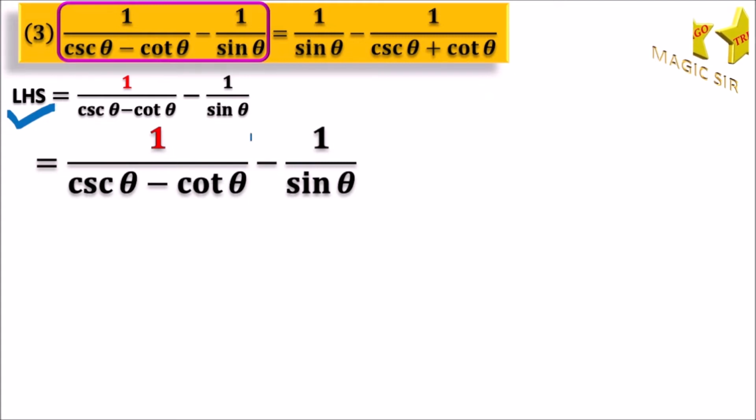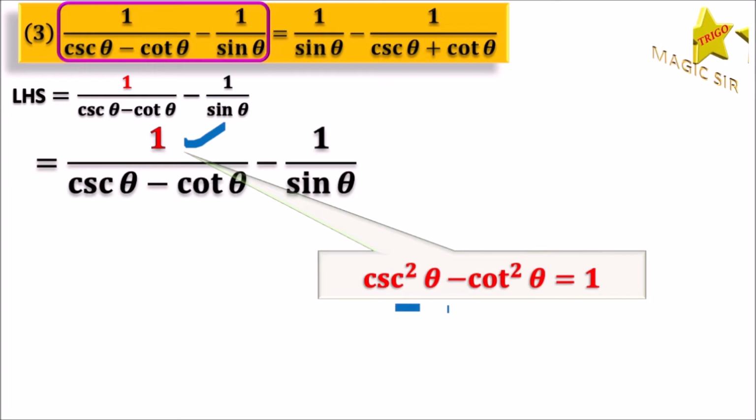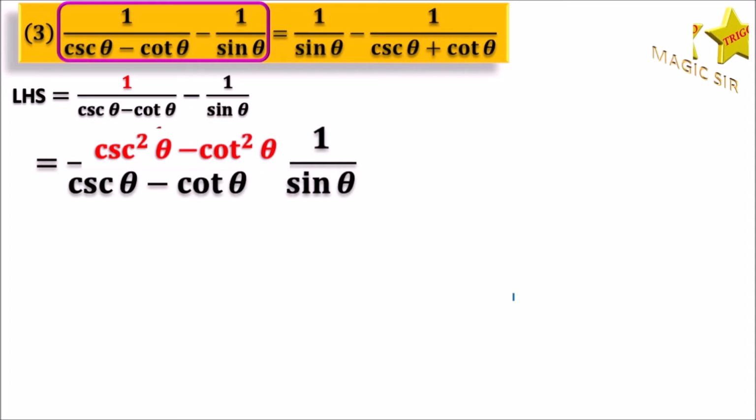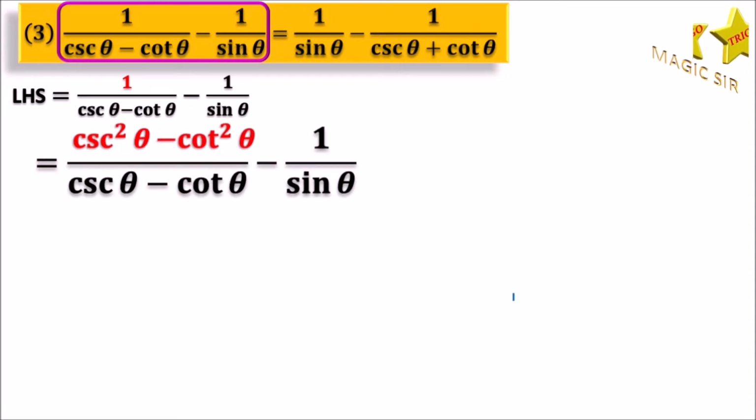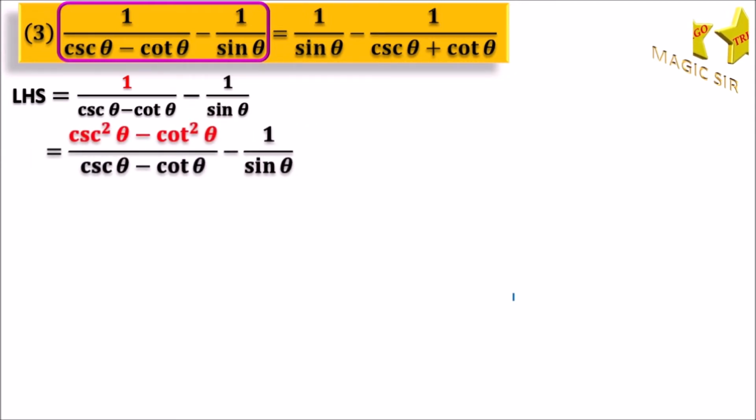Now apply the Pythagorean identity involving cosec theta and cot theta. We know that cosec square theta minus cot square theta equal to 1. So we can replace 1 with cosec square theta minus cot square theta.